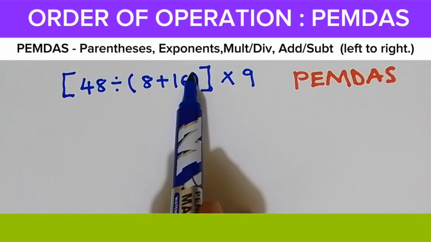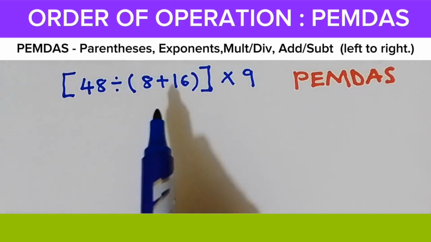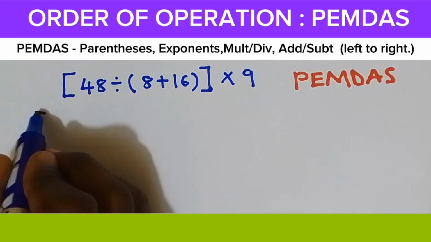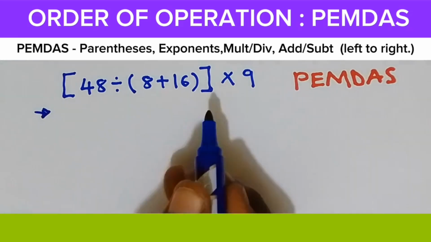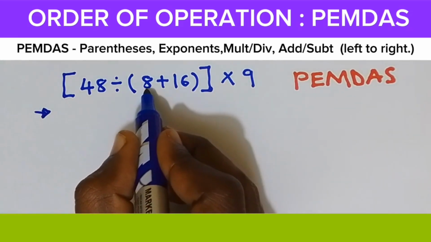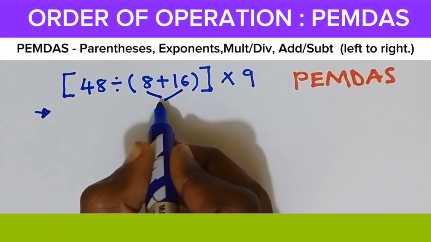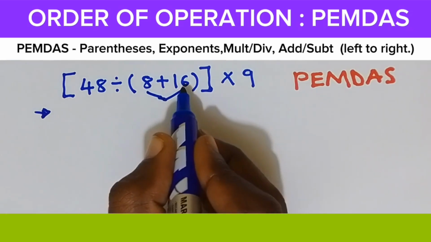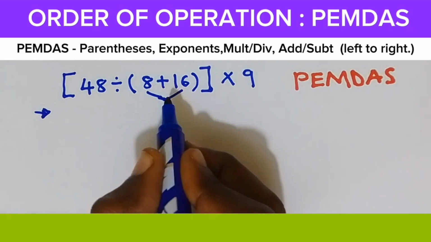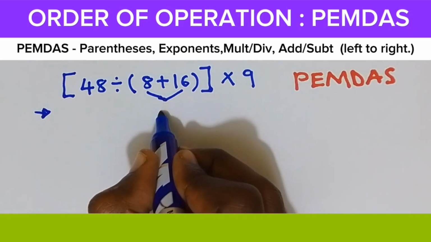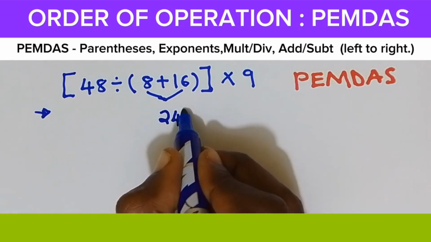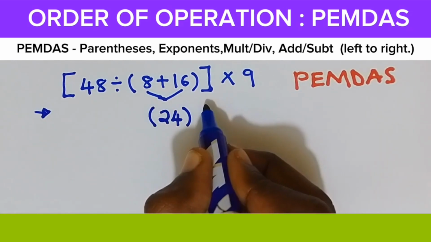So I'm going to start with the inner parentheses. The direction is from left to right. So I'm going to work here. That is going to be 8 plus 16, which is going to be 24. And I will drop the rest.